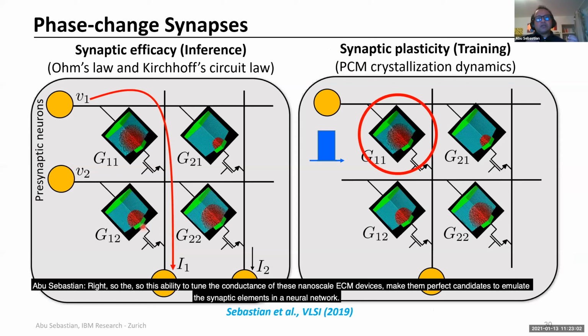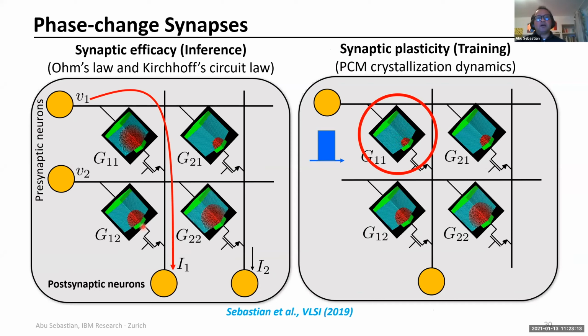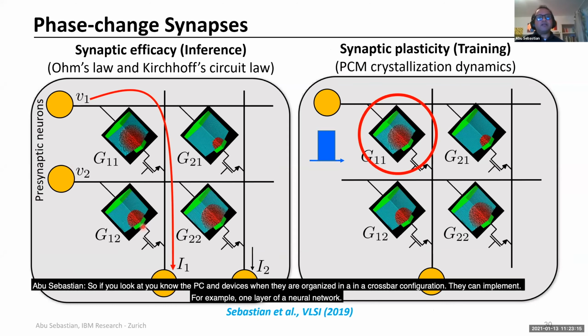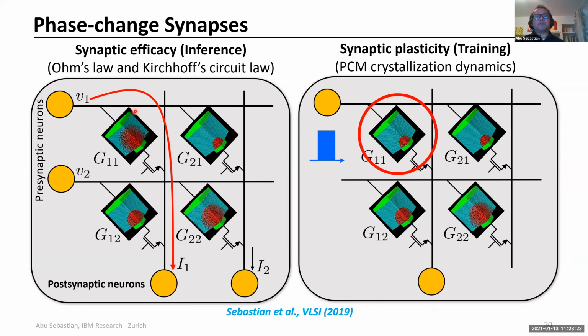Right, so this ability to tune the conductance of these nanoscale PCM devices makes them perfect candidates to emulate the synaptic elements in a neural network. So if you look at the PCM devices, when they are organized in a crossbar configuration, they can implement, for example, one layer of a neural network.